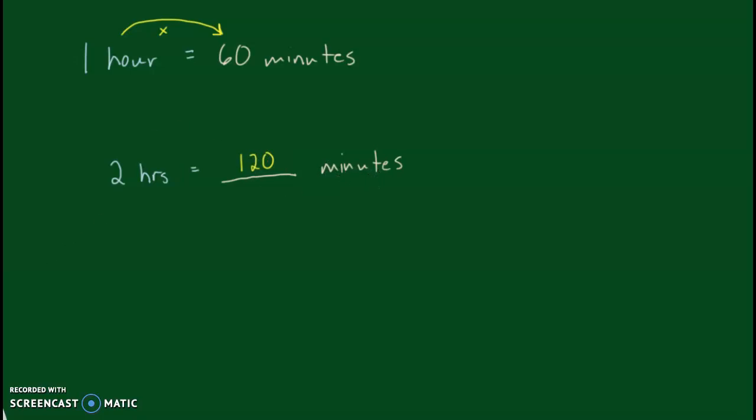Let's say that was reversed. Let's say this time we're starting with minutes, and let's say we know that we have 180 minutes, and we need to know how many hours that is.